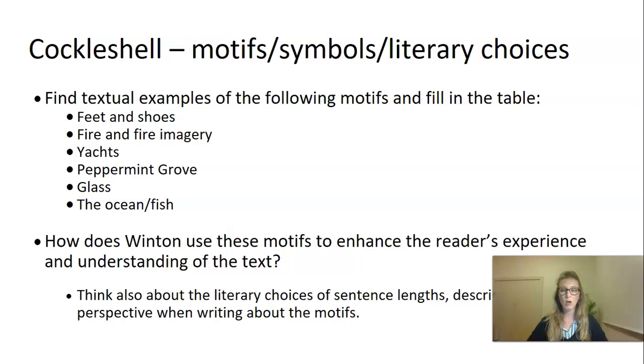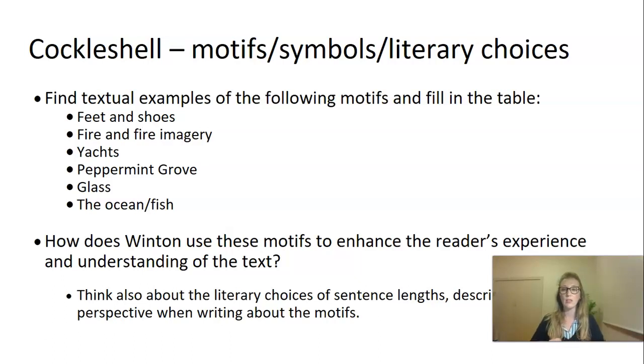Now, the reason why we're focusing on finding textual examples of motifs is that we're actually developing an important skill in our study of Tim Winton's work, being able to identify and analyze his use of literary devices to convey meaning in his texts. So this means that we need to look closely at the structure of Tim Winton's stories, how they convey author's voice, style, and messages.